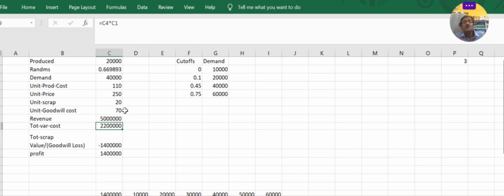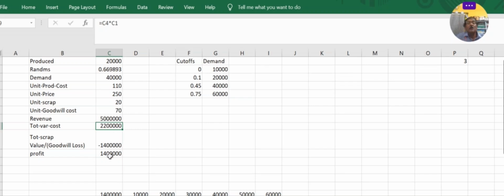Per unit the cost is 70 rupees, and the excess demand is 40,000 minus 20,000, that is 20,000, so 20,000 into 70 is 14 lakhs. This is the goodwill loss. Then what will be the profit? Profit will be 50 lakhs sale minus 22 lakhs cost, that means 28 lakhs, minus 14 lakhs for goodwill, and this is the profit.